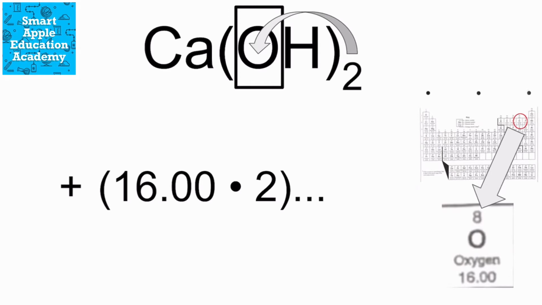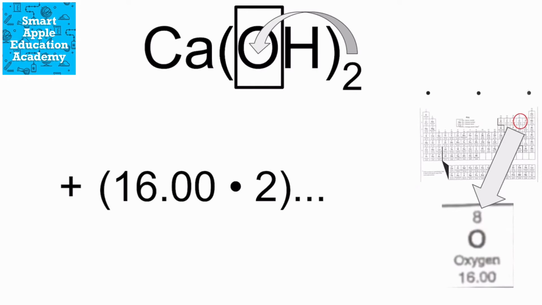Now let's move on to the next element. We have O, which is for oxygen, and let's find that on the periodic table. I've already found it. If you look on the right side of the screen, you'll see that oxygen's atomic number is 8 and its atomic mass is 16. Now let's look at the subscript for oxygen. The subscript for oxygen inside of the parentheses is 1. However, there is a 2 outside of the parentheses. That 2 will affect the oxygen. It's like distribution. So the 2 will be distributed to the oxygen.